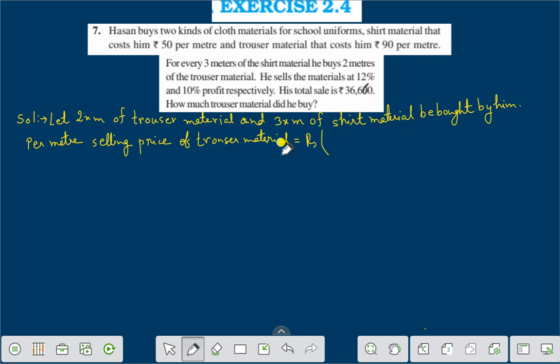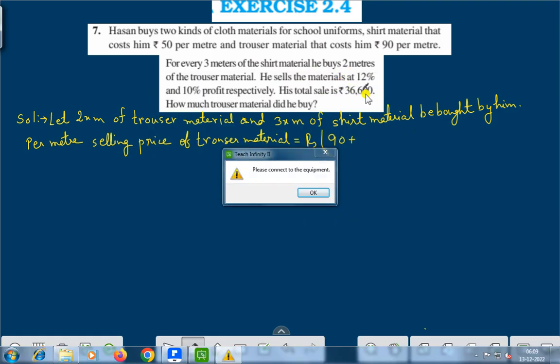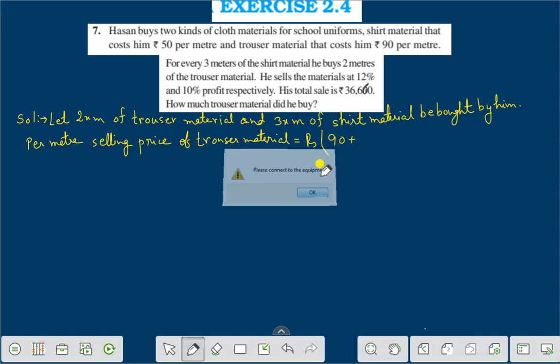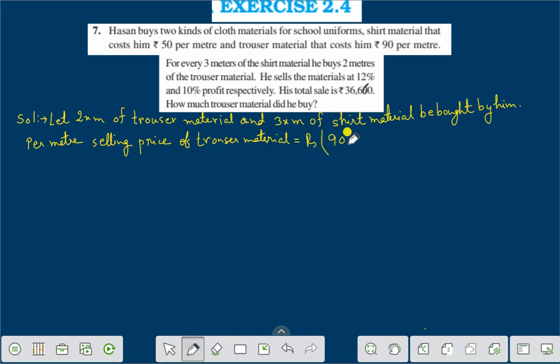Therefore, the selling price of trouser material is equal to cost price 90 plus 12% profit, that is 12% of 90, that is 12 by 100 into 90.